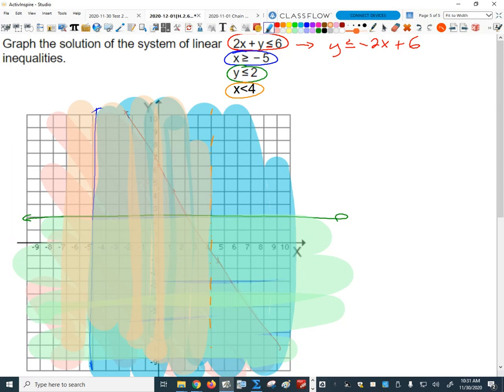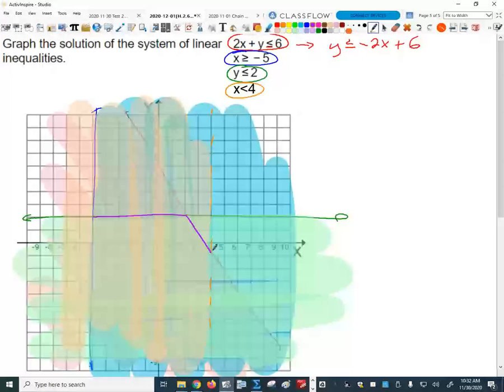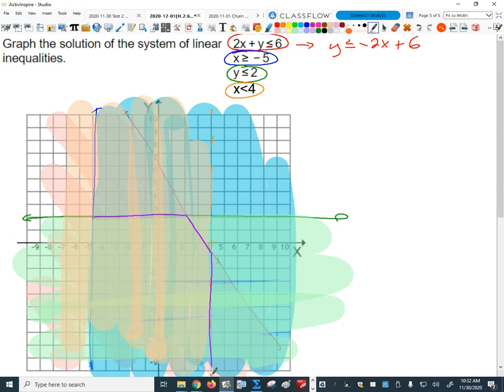And so what's it look like? That's difficult to see there. We've got to find the place that's shaded 4 times. So it looks to me like it's going to be, boy, it's kind of hard to see on here, but you guys correct me if I'm wrong on this, that's going to be the top. We said it had to be below that line, so it looks like that. Is that the boundary? Is that what you got? Give me a thumbs up if I'm doing that right. Okay.